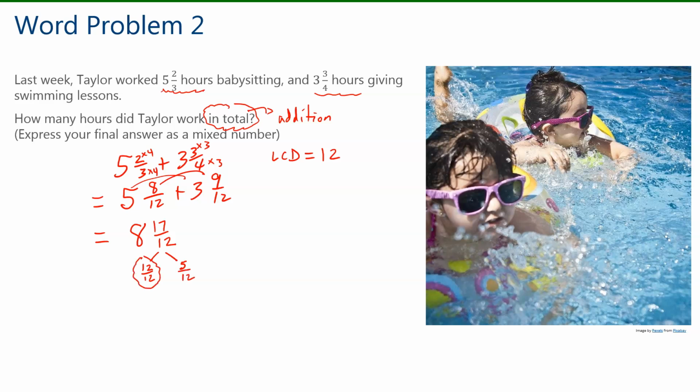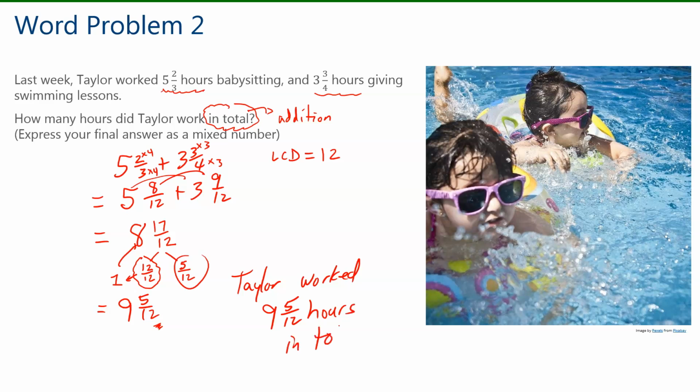This 12 over 12 then gives me another whole, which I can combine with the 8 to give me 9 wholes, and I'm left with 5/12. If I double check my fraction here, that is lowest terms, so this is indeed our final answer. So a statement, Taylor worked 9 5/12 hours in total.